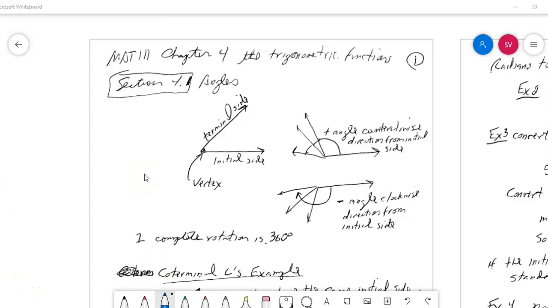And the trick is we're going to be graphing, showing our angles. We're going to be showing our angles from the positive x-axis.